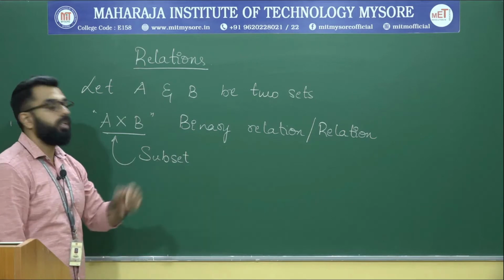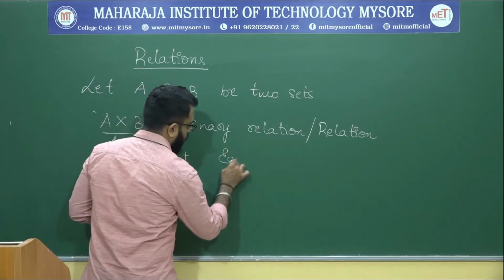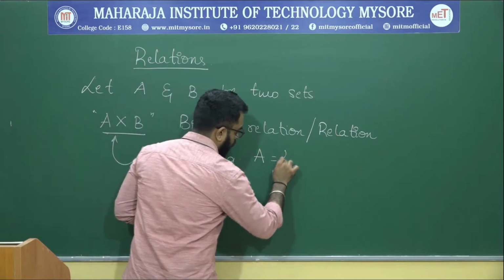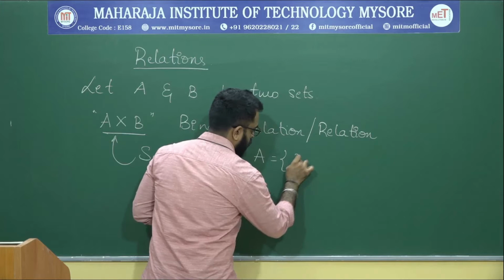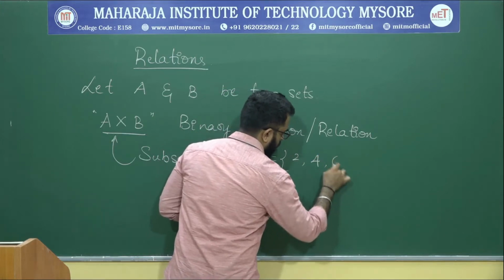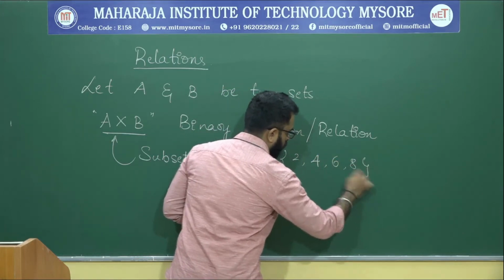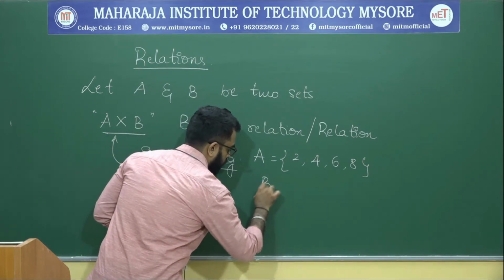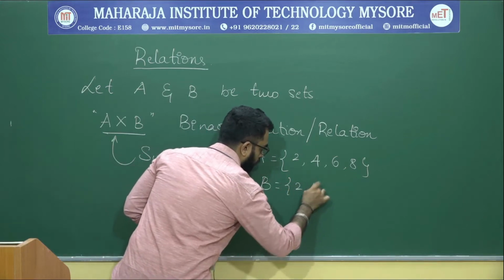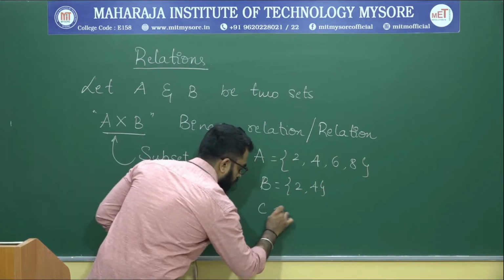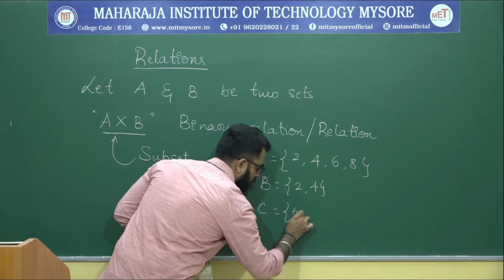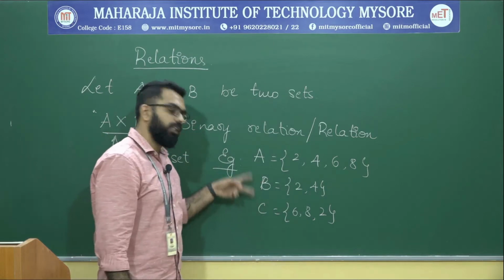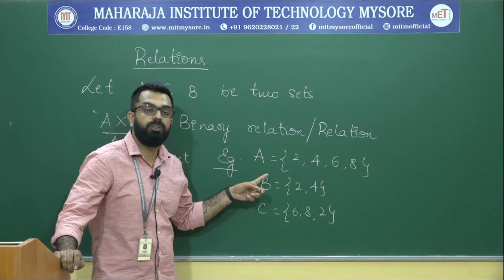So what is a subset now? For example, probably you should know what a subset is by now. Still, if I have a set A which consists of some elements like 2, 4, 6, 8, and I can write a set B which consists of 2, 4, or a set C which consists of 6, 8, 2, these are the subsets of A. Why are they called subsets of A?